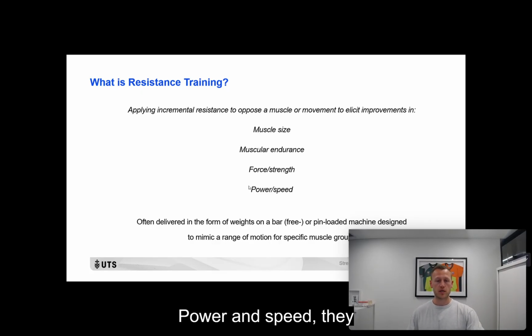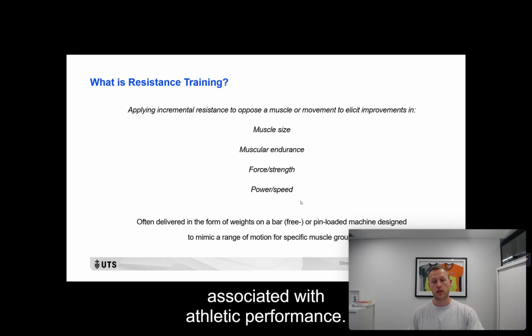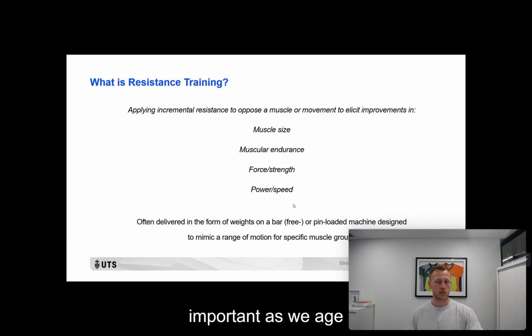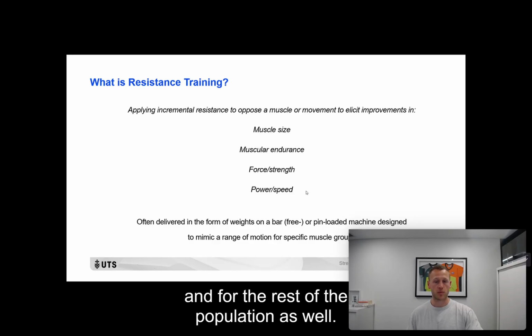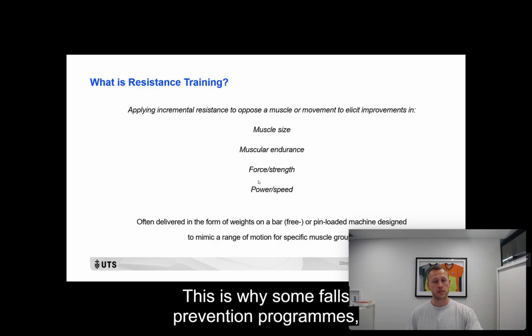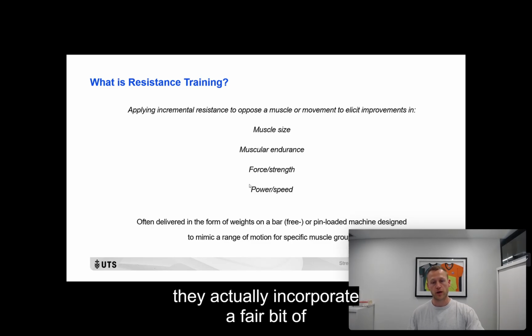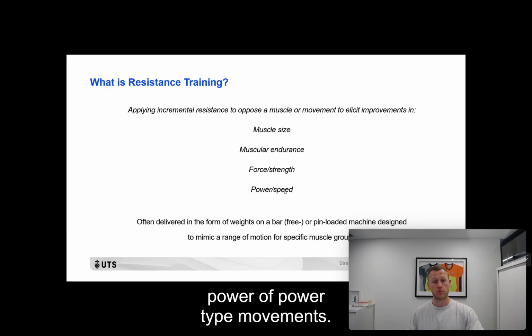And power and speed, they are probably more associated with athletic performance. However, power and speed is definitely important as we age and for the rest of the population as well. And this is why some falls prevention programs, or the majority of them anyway, actually incorporate a fair bit of power type movements.